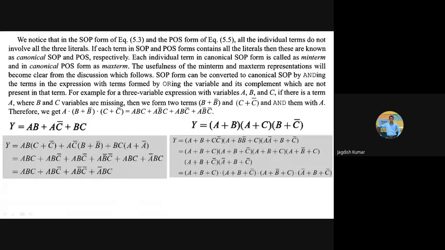Any question? Okay, I hope it is fine. So that is how we can obtain the canonical form from any form. Do practice them properly. You may see a lot of questions in your exams from this.